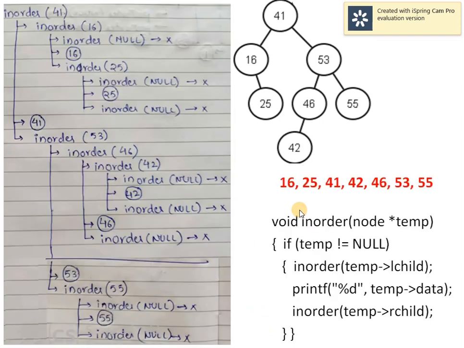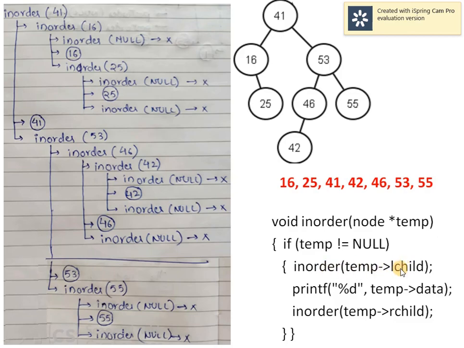In a similar way, if I look at the implementation for an in-order traversal, in-order means we have to visit the left child followed by the parent and then lastly the right child. So everything is the same, we have to simply change the sequence of execution of the function. So in-order, I have to first call the in-order function for the left child.